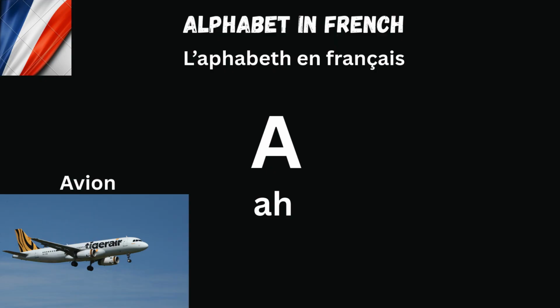So the first letter is A. You're going to repeat after me twice. A. A. Now you can see on your left-hand side what letter A stands for in French. Below the letter A is the pronunciation in French, just the way it's written below the letter.